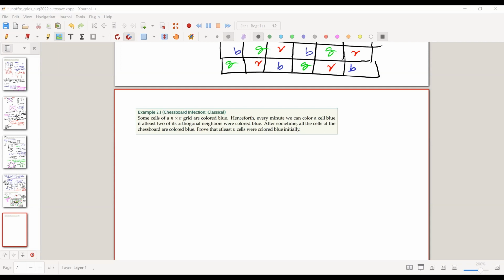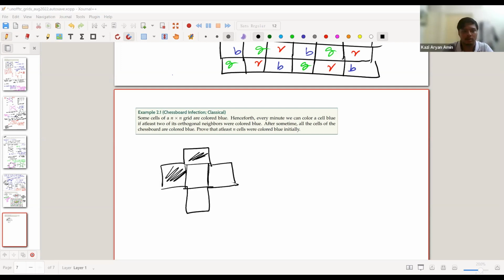This problem is kind of hard, the solution is hard to come up with. So basically the main idea is, okay, I'll give you a hint.